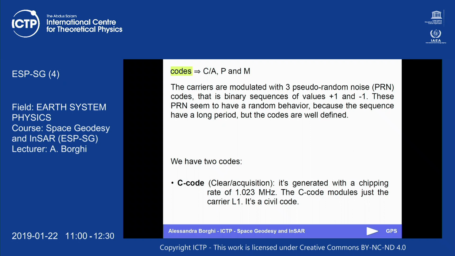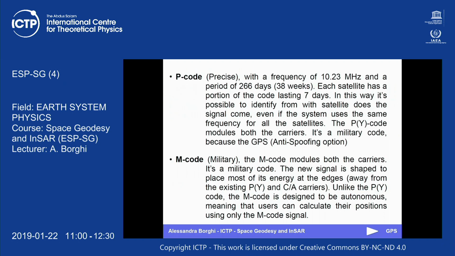It's a civil code for civil application. We have the P code, called precise code, with a frequency of 10.23 megahertz and a period of more or less 38 weeks. For this reason, it's a very long period, and we call this code a pseudo-random code.